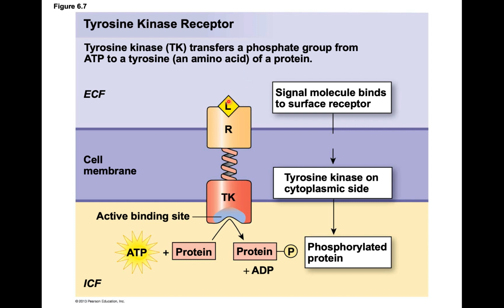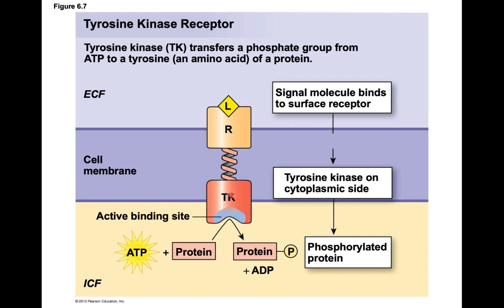So when the ligand binds to the receptor, it causes the receptor to shift shape just a little bit, causing almost like a domino effect, moving downstream, eventually activating the tyrosine kinase intracellularly.